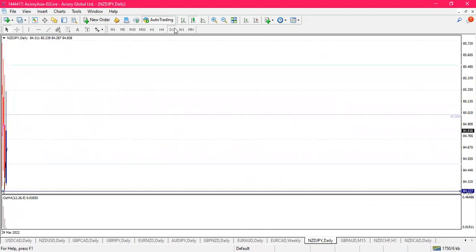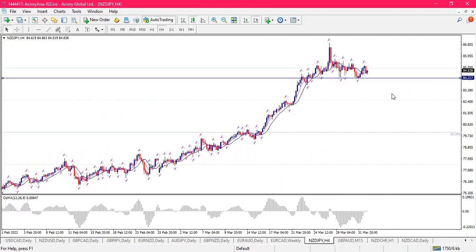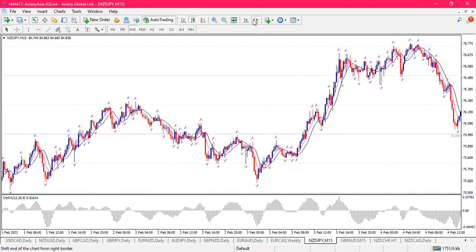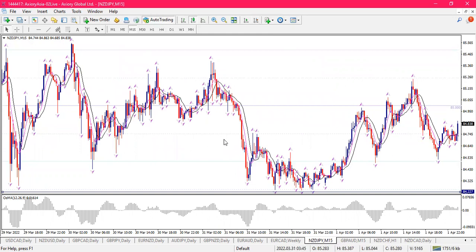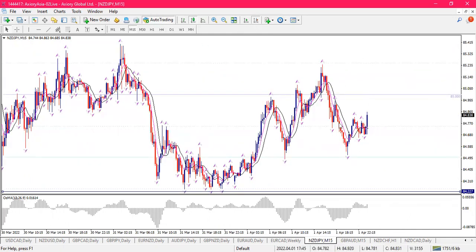Because if you come here on the 4 hours, you can see that even though it looks as if it's a small move, down on the 15 minutes you'll be able to see that it's really a big move on a smaller time frame. So if you're looking at a sell opportunity here, there are two scenarios you should look at.